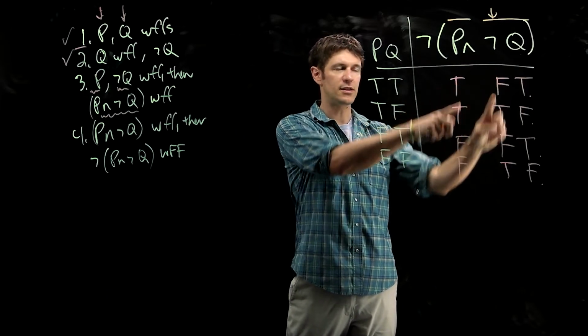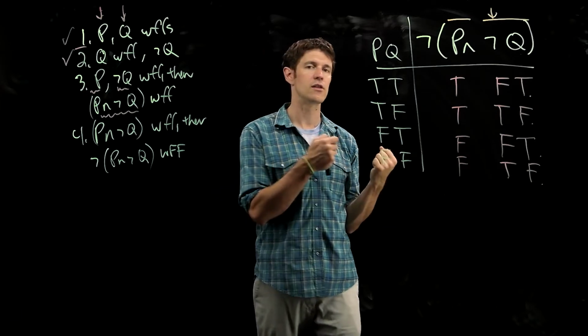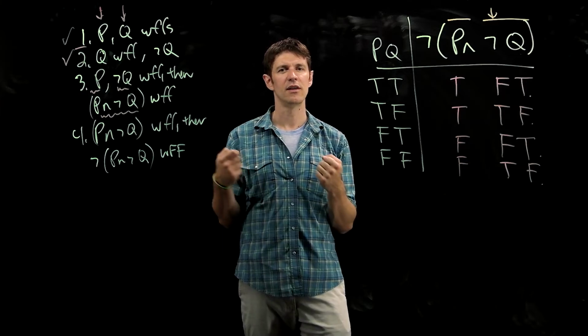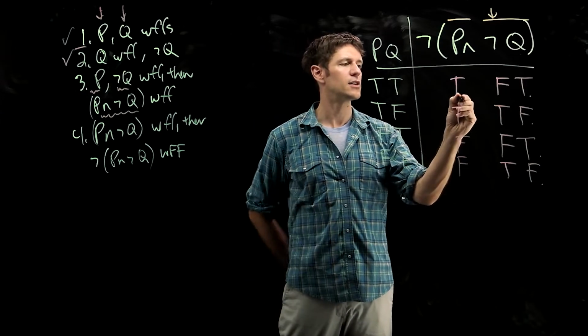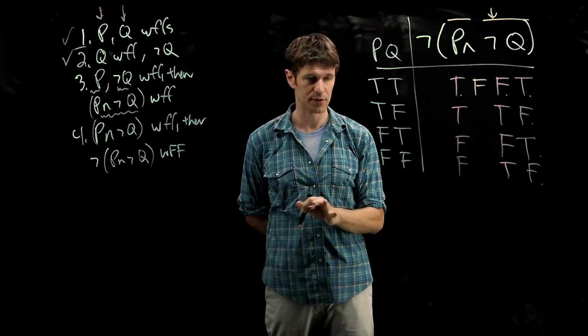So I'm going to look at these two columns and say, are they both true? If they are both true, then the conjunction is going to be true. But if one or both of them is false, then the conjunction is going to be false. So I have true and false here. So this would give me false since they're not both true.